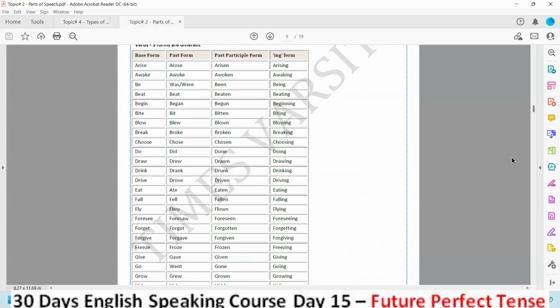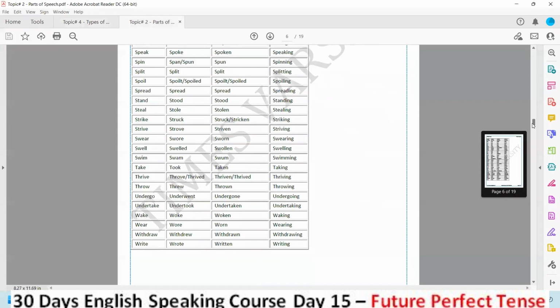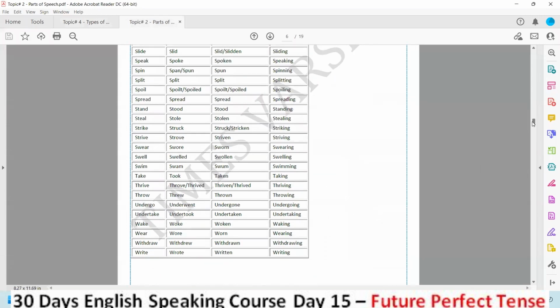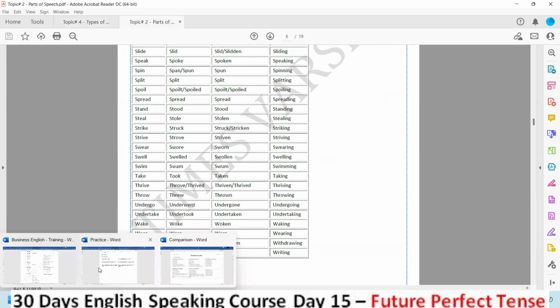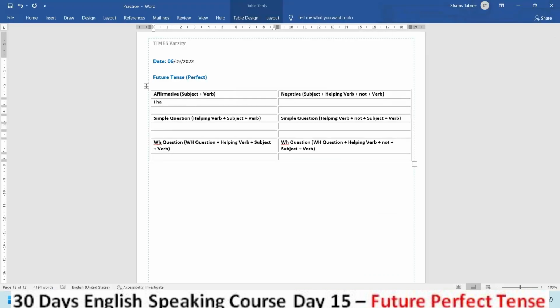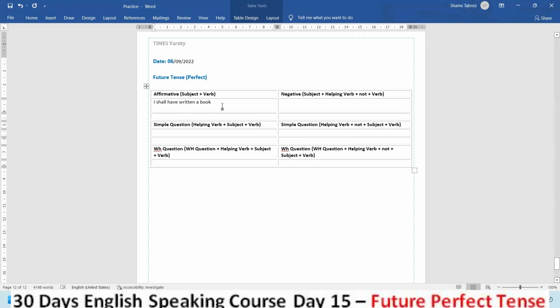Look at the verb right here: write, wrote, written. The third form of the verb write is written. And for I, the helping verb shall have is used. So it should be I shall have written a book. Yes, next.